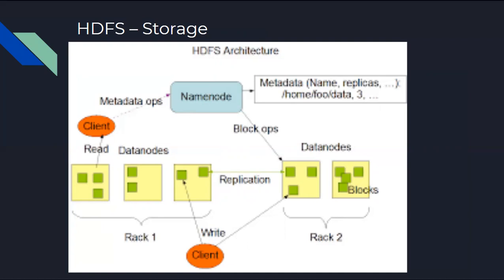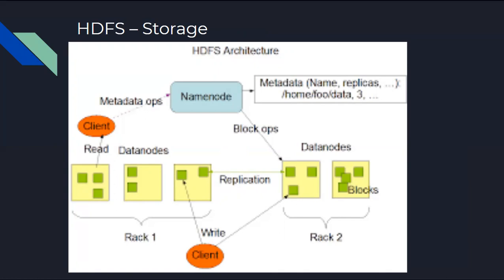When I say metadata, what is metadata? Yes, you're right, Rajesh. Metadata is data about data. Basically, whatever the storage, whatever the name, the replicas, and whatever the path, etc. So it contains the data about the storage where we are storing the data.